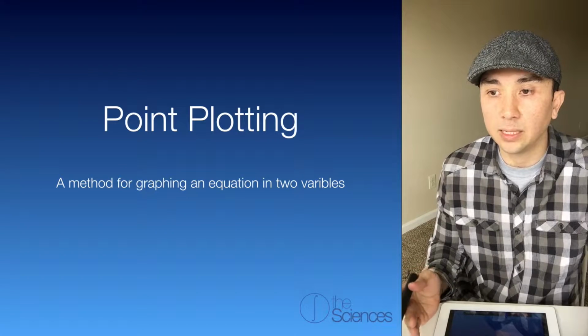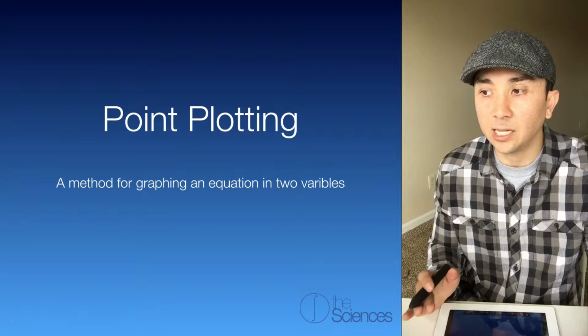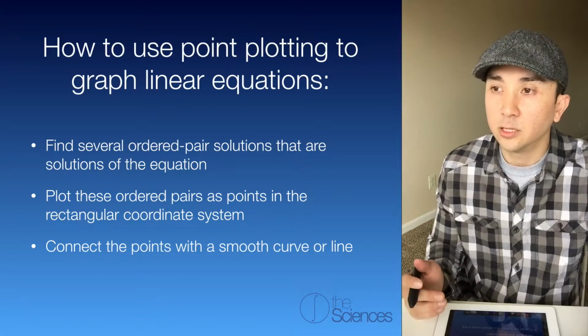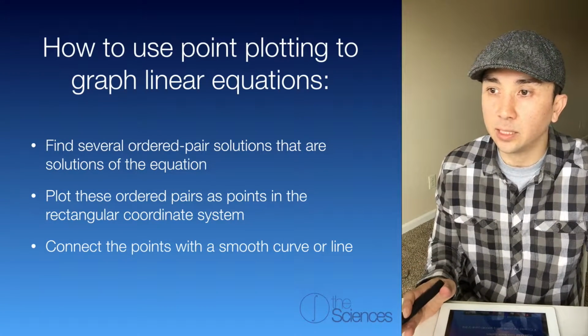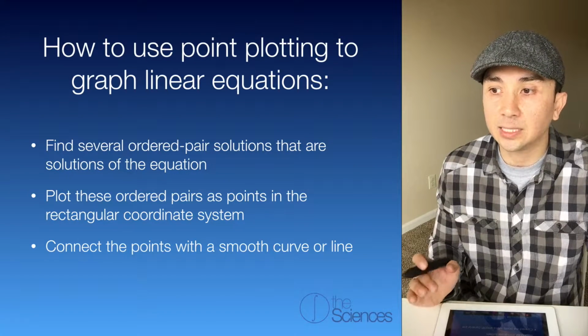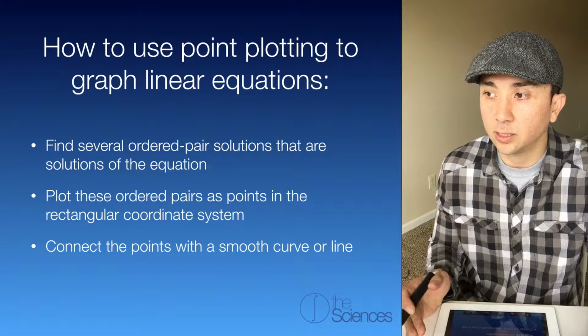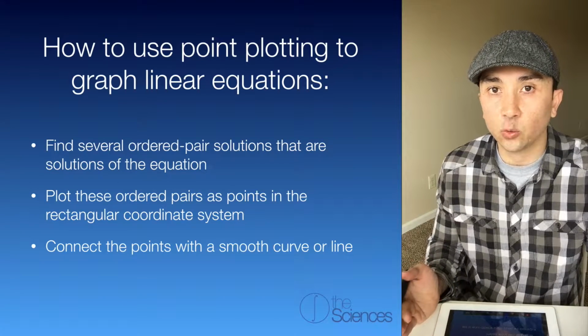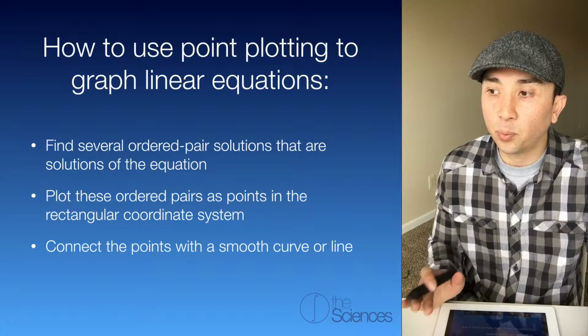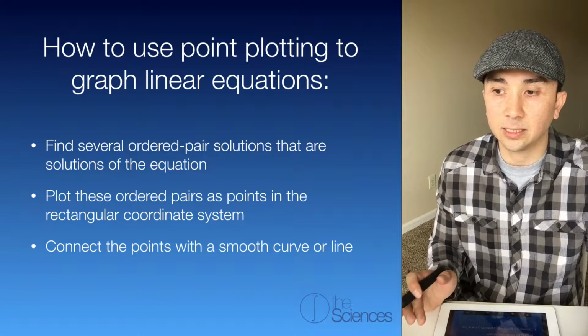Now, point plotting is a method for graphing an equation in two variables. So here's how to use point plotting to graph linear equations. First, you're going to find several ordered pairs that are solutions of the equation. Then you're going to plot these ordered pairs as points in the rectangular coordinate system.